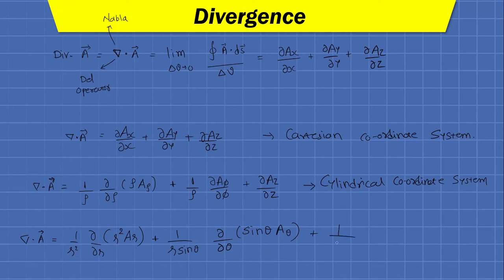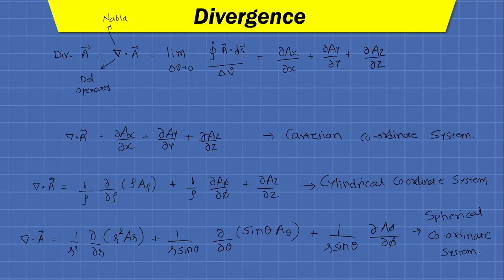Plus 1 upon r sine theta del a phi by del phi, and this is the equation to determine the divergence in the spherical coordinate system. As a student or an aspirant of any competitive exam related to electrical engineering, one must remember these three formulas in order to save a tremendous amount of time and score well.